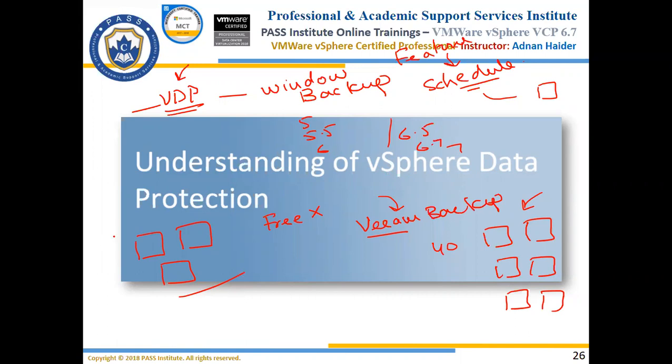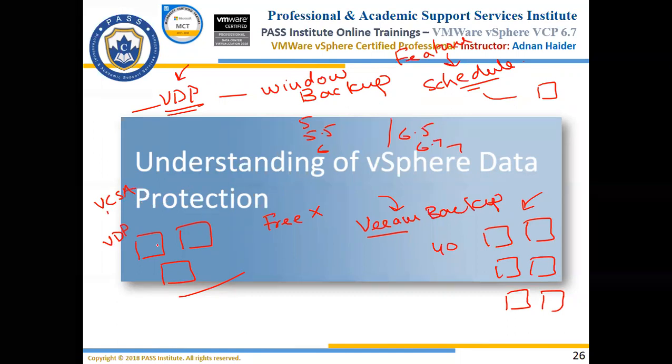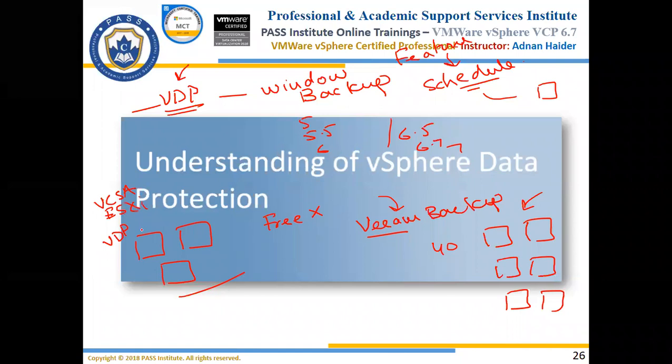For a smaller environment, VDP might be a better choice because they will give you a discount, since you already bought their VCSA. For VDP, you must have VCSA as well. You also bought their ESXi. Remember that before having a backup, you need to have an environment. You bought the VCSA license, you bought the ESXi host license.